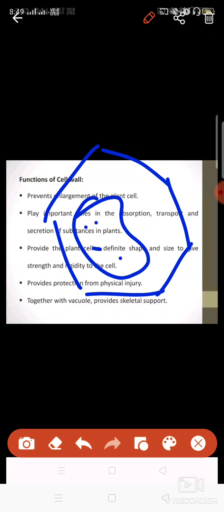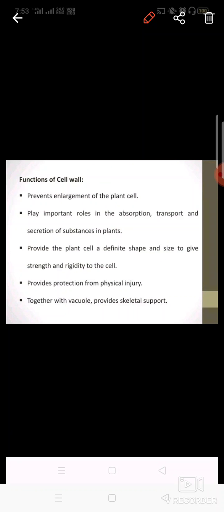When the vacuole is filled with minerals and water, it gives a kind of shape to the cell because it pushes outward. In the same manner, with the help of the vacuole, it gives skeletal support. Basically, it gives strength to the cell.